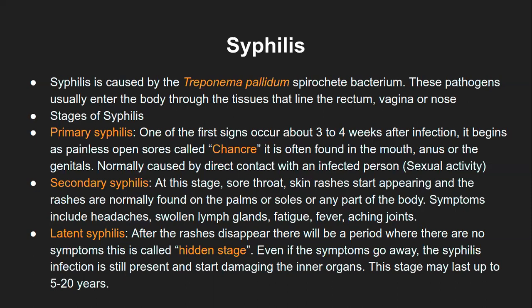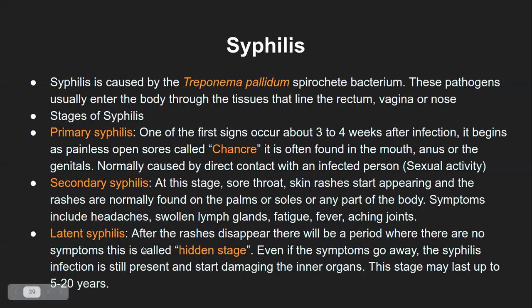Now, the first one to show swelling is the groin, because the genitals are very close to the pelvic area, and the groin has one type of lymph nodes, and they will get swollen. So that is one of the symptoms. Then fatigue, which is tiredness, fever, and aching joints. These are a few symptoms in the secondary stage of syphilis.